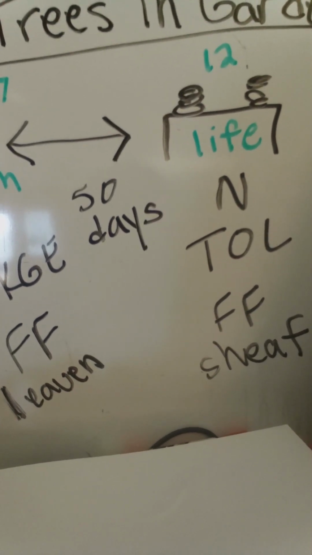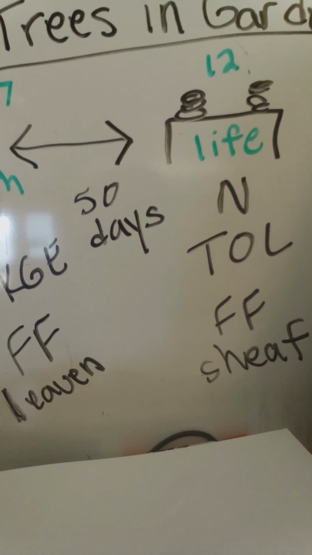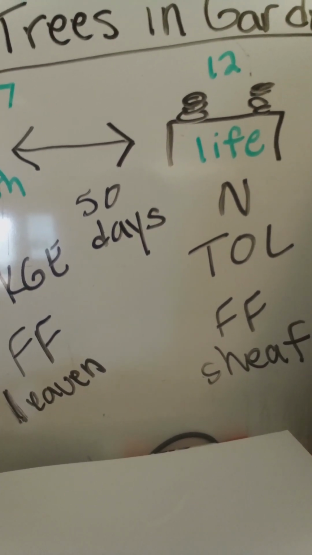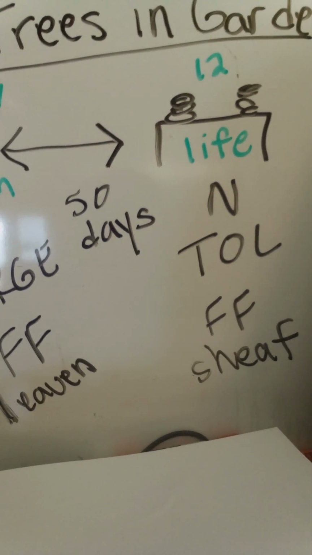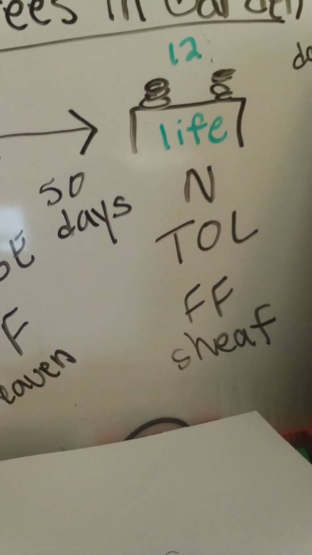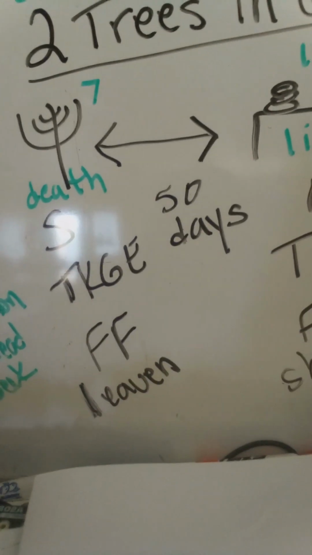Pesach is on the 14th. Unleavened bread is on the 15th. Sukkot is on the 15th. Yom Kippur is on the 10th, and Yom Teruah, or Feast of Trumpets, is on the 1st. But these don't have a specific date number. This is just the day after Sabbath, and this is 50 days later.